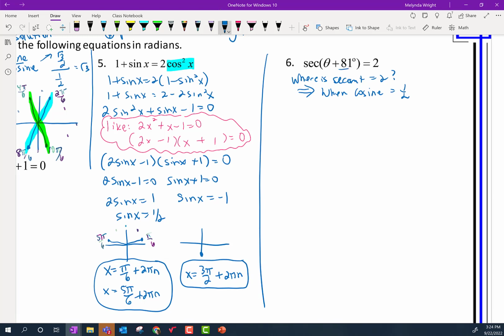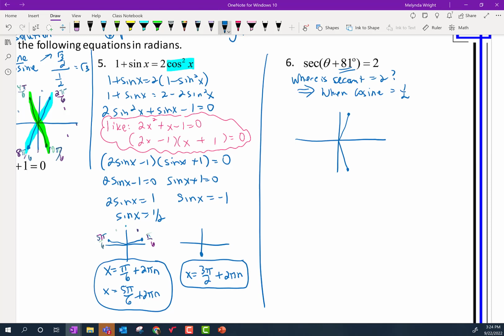Okay, we're in degrees. Cosine is 1/2, so that's the x value. Cosine is positive, it maps to the x. So we want it to be longer along the y in quadrants 1 and 4.